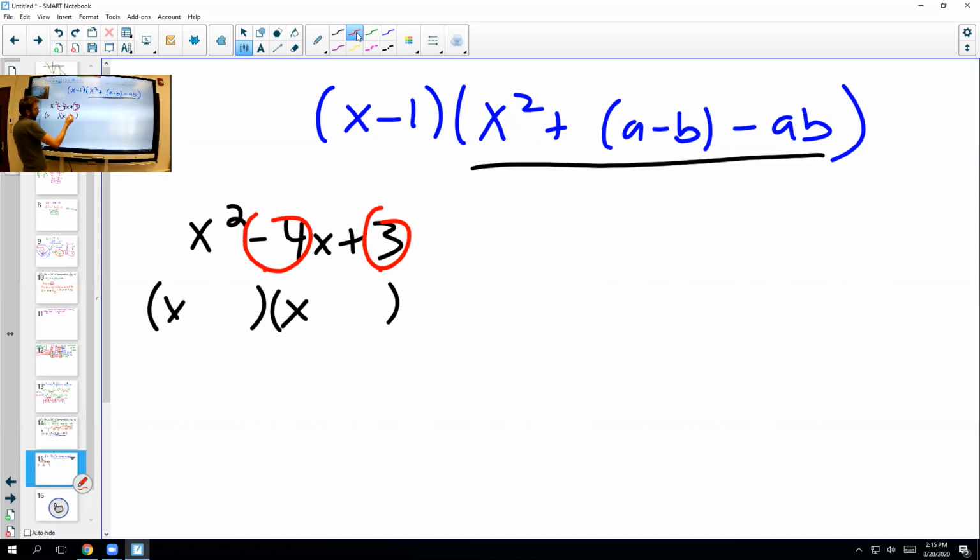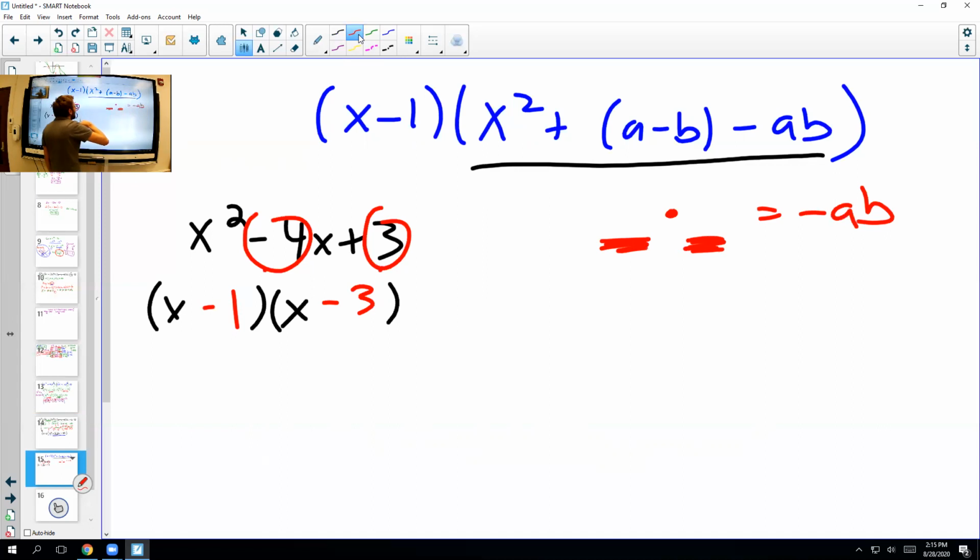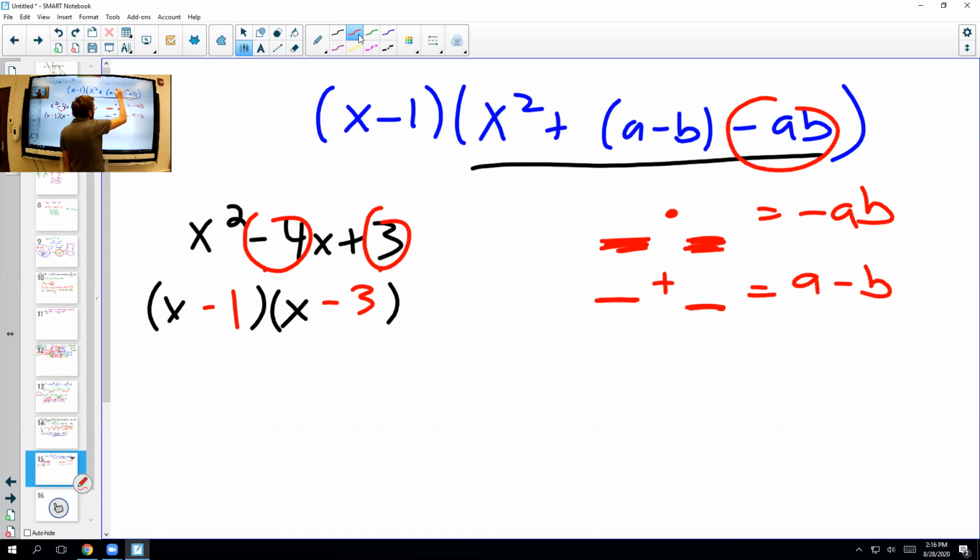And numbers that multiply to 3 are basically 3 and 1, so you don't got a lot of choice there. And if you make them both negative, they're going to add to negative 4. Well, let's try the same type of thing here. We want 2 values. It might involve variables, but we want 2 values that multiply to negative AB and add to A minus B.